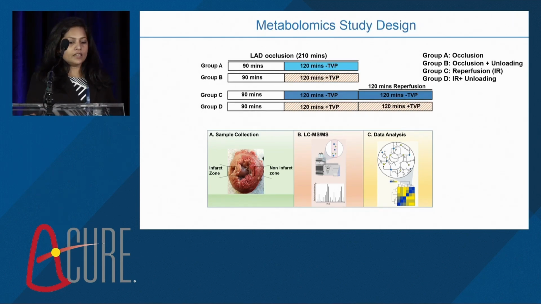In group C and D, we did the same, but now with reperfusion. The idea being, all the studies in ischemia reperfusion injury is always done after reperfusion. We wanted to study what is the effect of LV unloading during ischemia and post-reperfusion. Then we also sampled the tissue from the infarct and non-infarct zones, sent it for LCMS, and did a metabolomic screen on them.